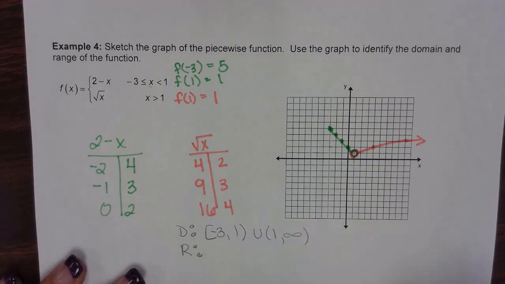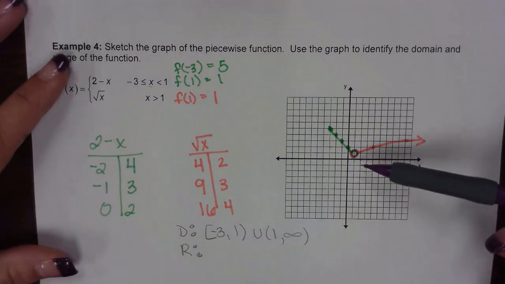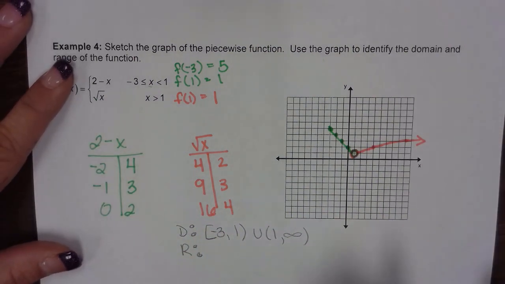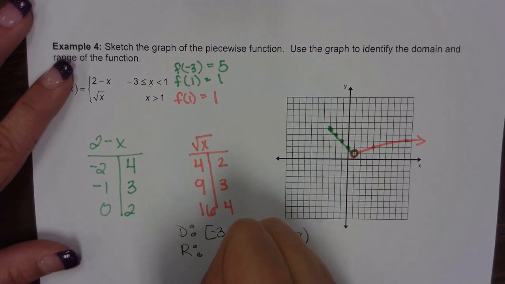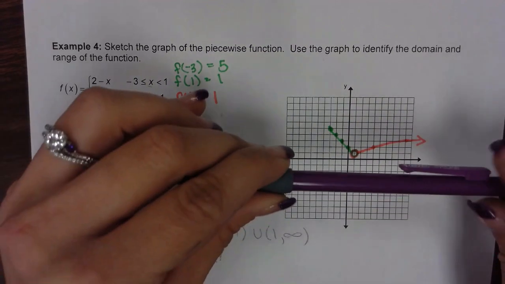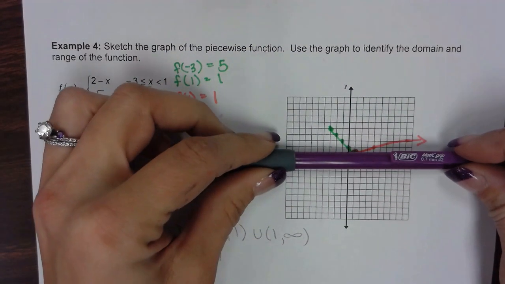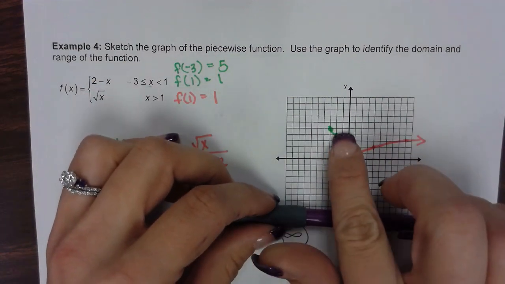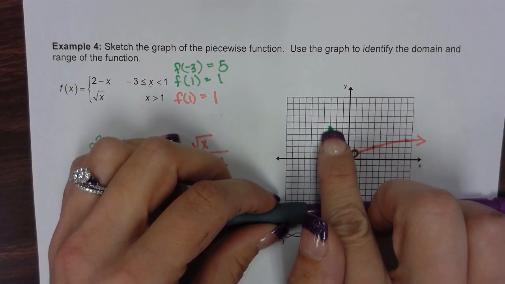Okay, our range in here is also a tricky one. So let's look at the furthest down. The furthest down is that hole at 1. So we're going to start at 1, but it's going to be parentheses because it's a hole. Now, here's tricky. I need you to visualize this. As we move up, we have a tendency to say, ooh, it stops right there.